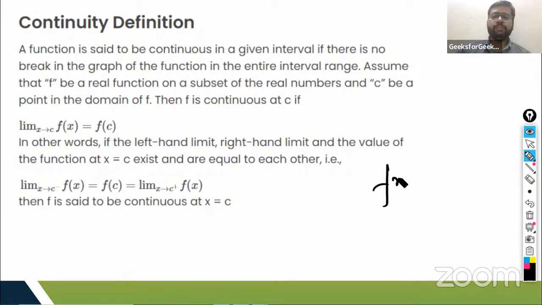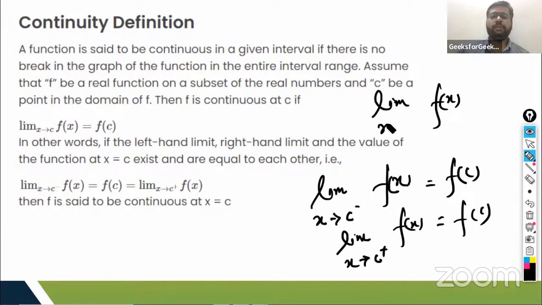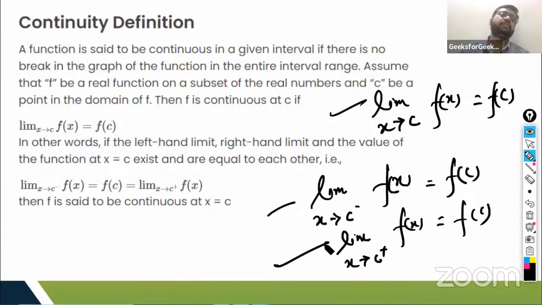Suppose the function is f(x), if the limit as x tends to c minus is f(c), and for the right hand limit as x tends to c plus the value is again f(c), and for the function f(x) the limit as x tends to c is still f(c). If all these three are equal, then the function is continuous.